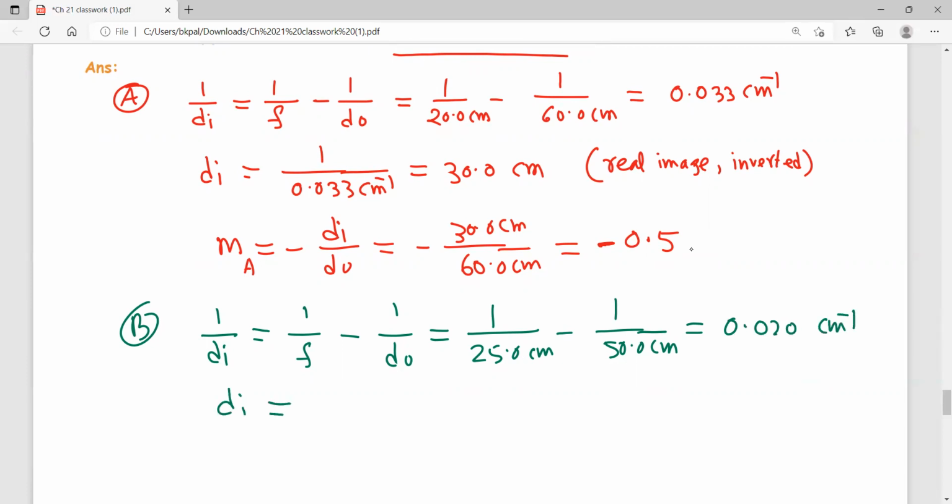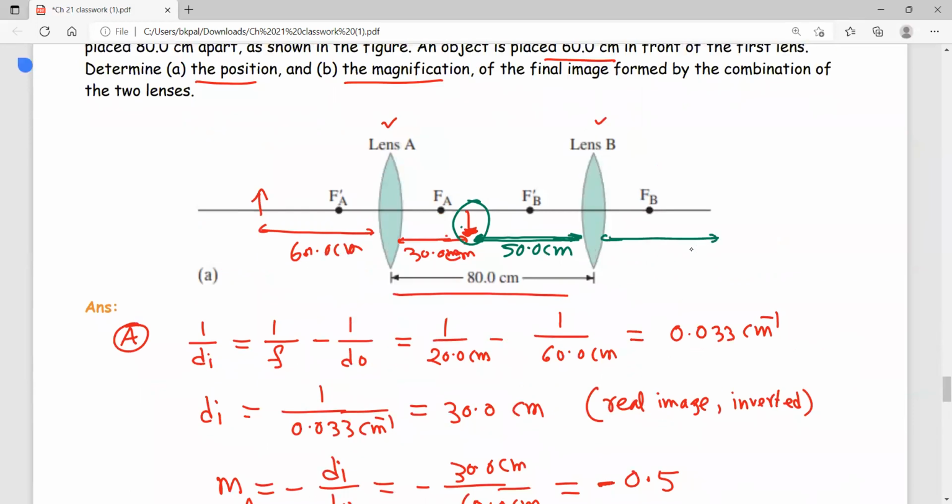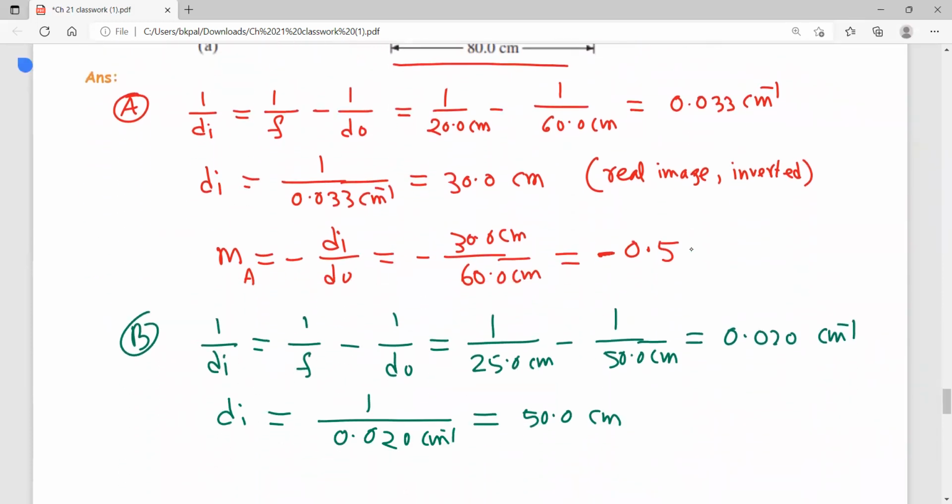So for the second lens, the image distance di is 50 centimeter, and this tells us that the image will be produced somewhere here at 50 centimeter from the second lens.